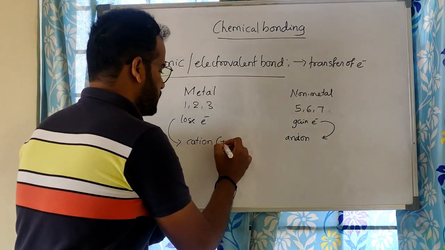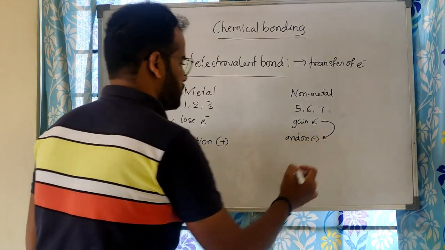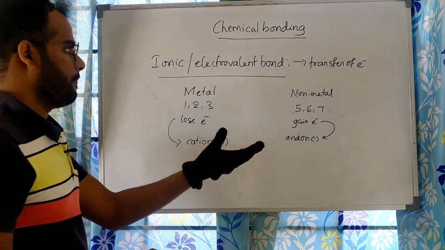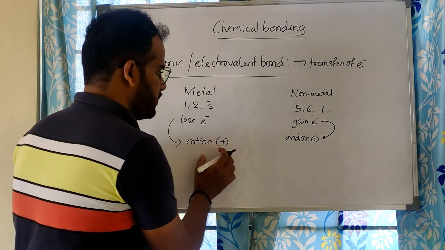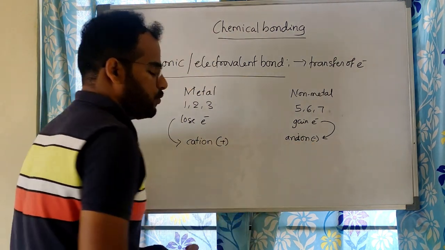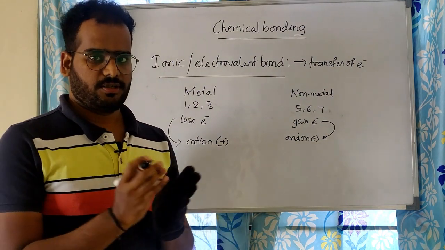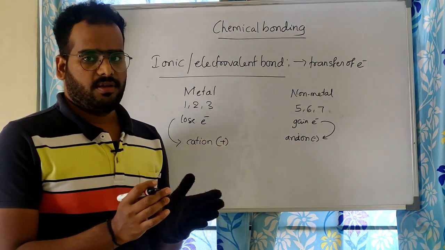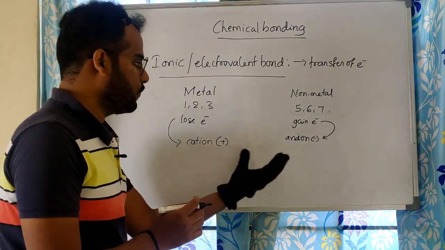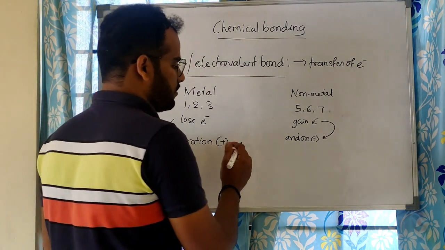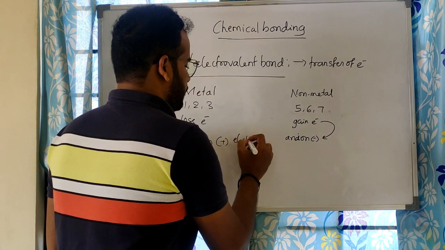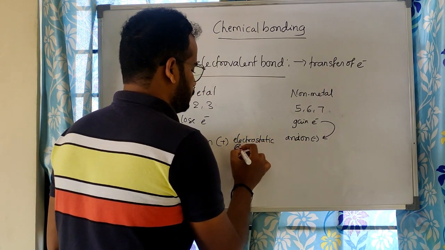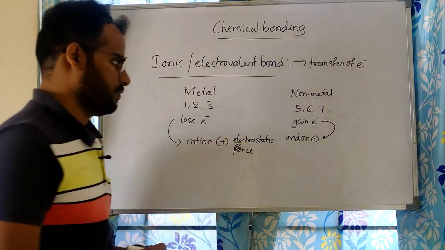This is the positively charged ion, this is the negatively charged ion. Therefore, the ionic or electrovalent bond is present between the oppositely charged ions. You know, oppositely charged ions attract each other, like charges repel each other. So what kind of force exists between the oppositely charged particles? Electrostatic force of attraction, which is a very strong force of attraction.